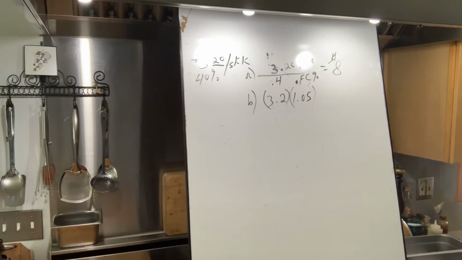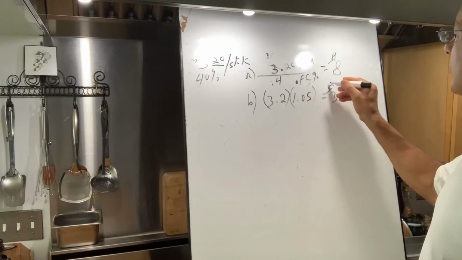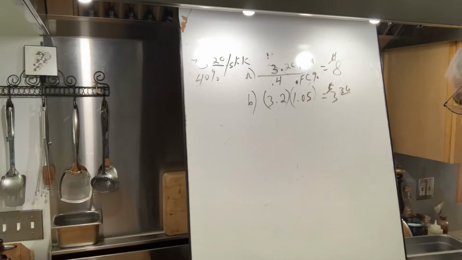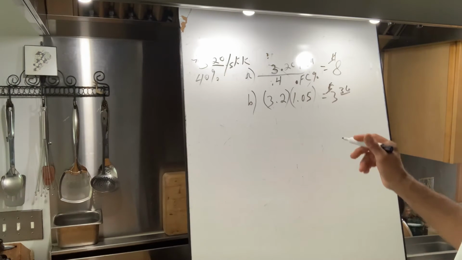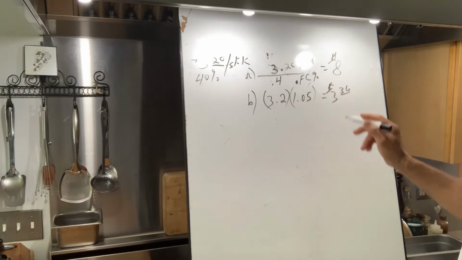All right, 3.2 times 1.05 equals $3.36. So that would be the cost of a steak 1 year from now with the 5% inflation. Make sure you always interpret your answers and questions. You should read this like it's a sentence.